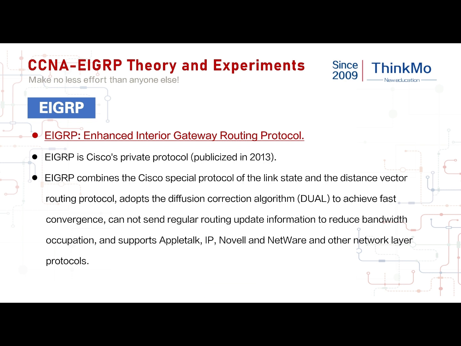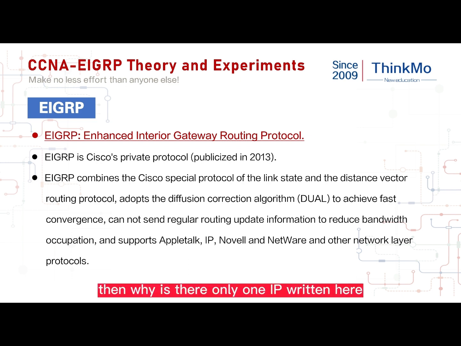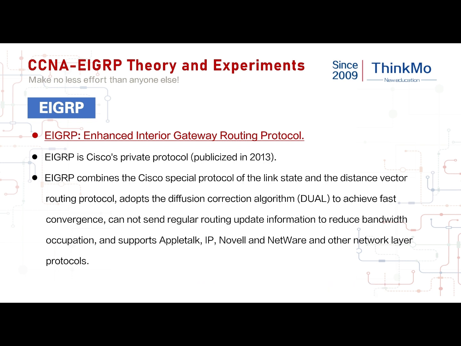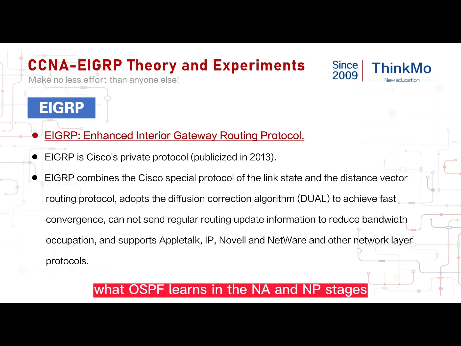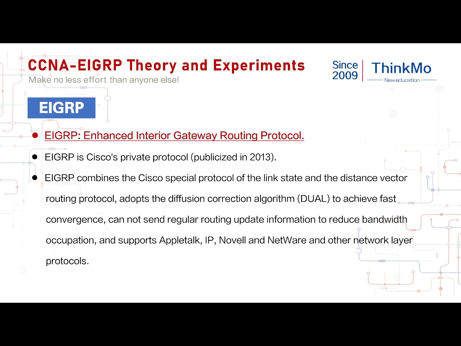Actually, what we're talking about, IPv4 and IPv6, are two large framework protocols. Then why is there only one IP written here? Because we still have to compare with OSPF. What OSPF learns in the NA and NP stages is version 2 of OSPF.